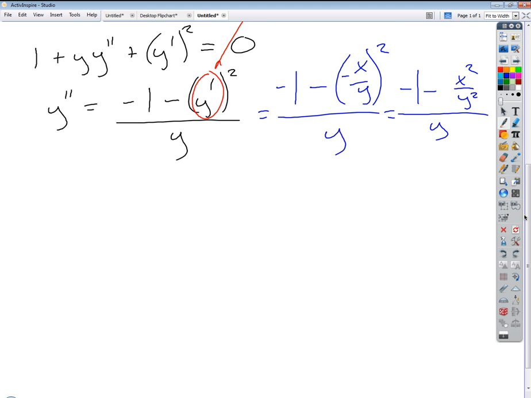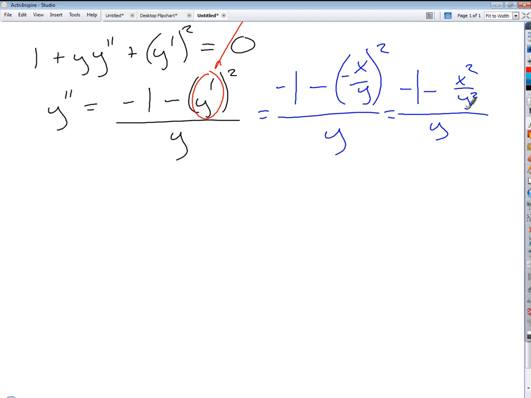On the top, I just have to get a common denominator, right? So aren't I just gonna write this as negative y squared over y squared minus x squared over y squared? So then this just looks like negative y squared minus x squared over y squared.